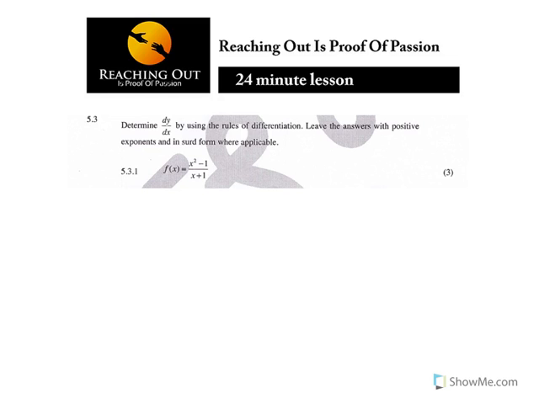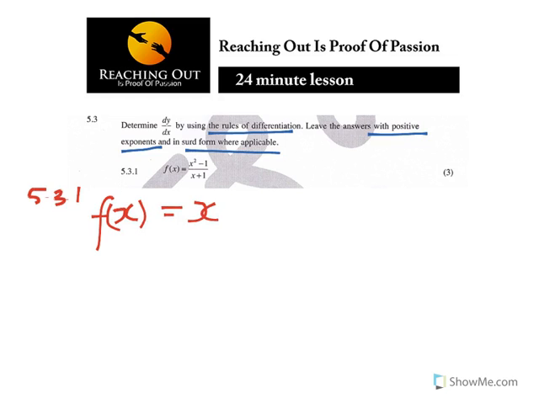We're looking at 5.3. It says determine dy over dx using the rules of differentiation. Leave the answers with positive exponents. So it's rules of differentiation, that is fine, but the key word there is positive exponents and surd form where possible. Now let's start with the first one, 5.3.1. We are given f of x is equal to x squared minus 1 over x plus 1.